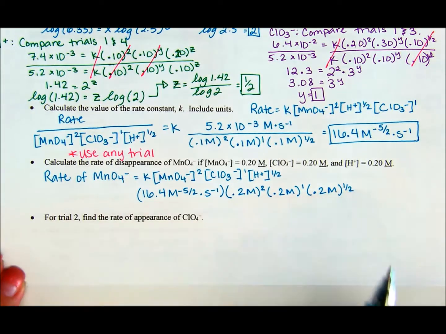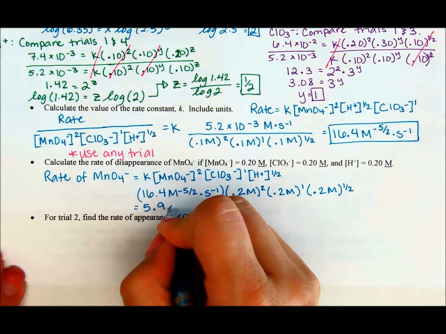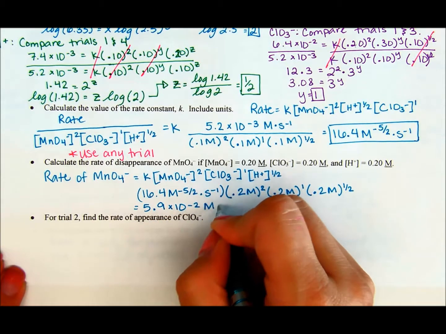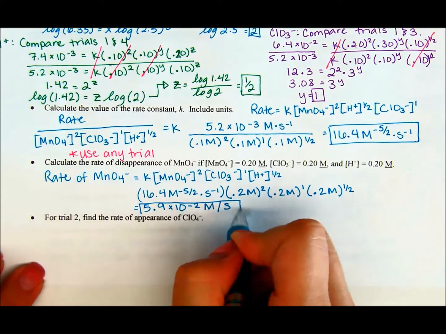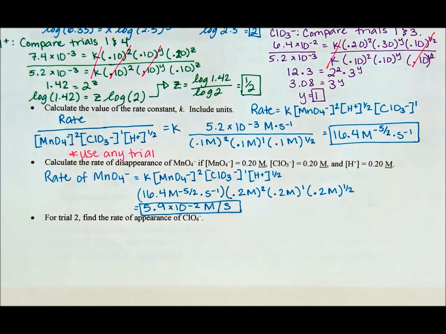So plugging all of this into your calculator and keeping careful track of your units, you should have 5.9 times 10 to the negative 2 molar per second, or moles times inverse seconds, however you'd like to write it. I would like you to please take a second and make sure that you can actually get that number out of your calculator, and you can follow through with the units to make sure you have the correct units.